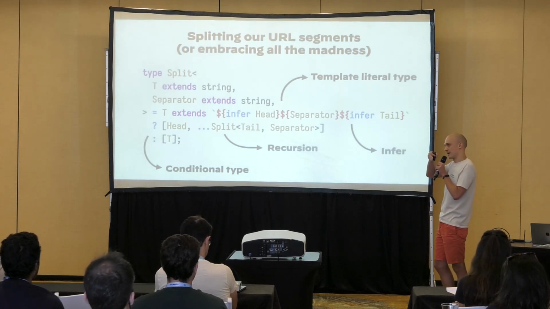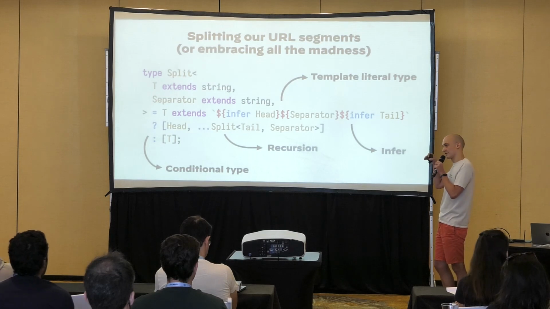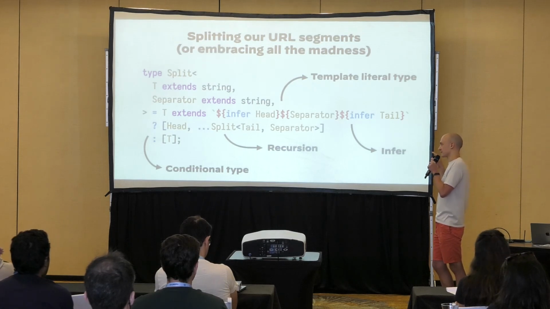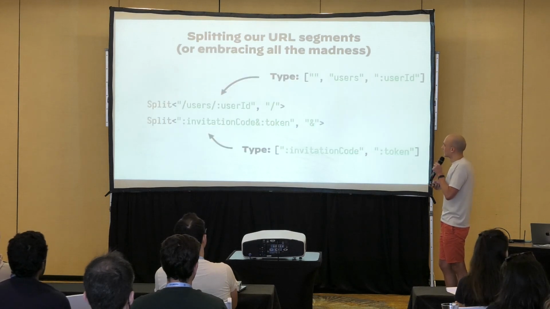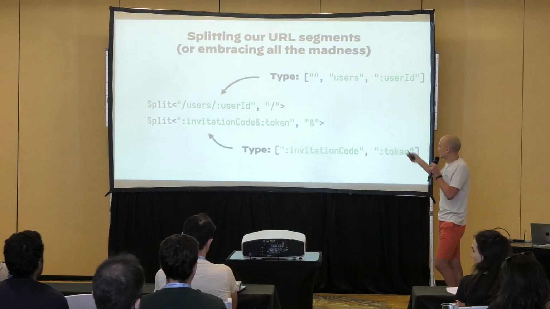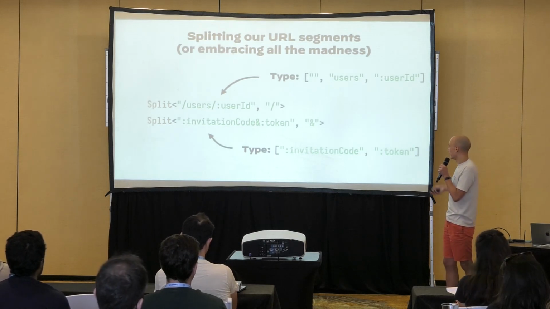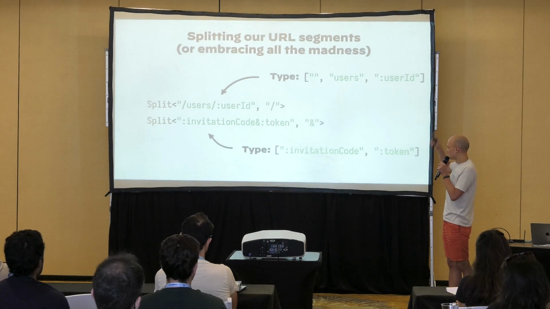If yes, put the head at the start and spread the recursion. So you just do that, and using this, you will have this. Same goes for search param, using the ampersands.